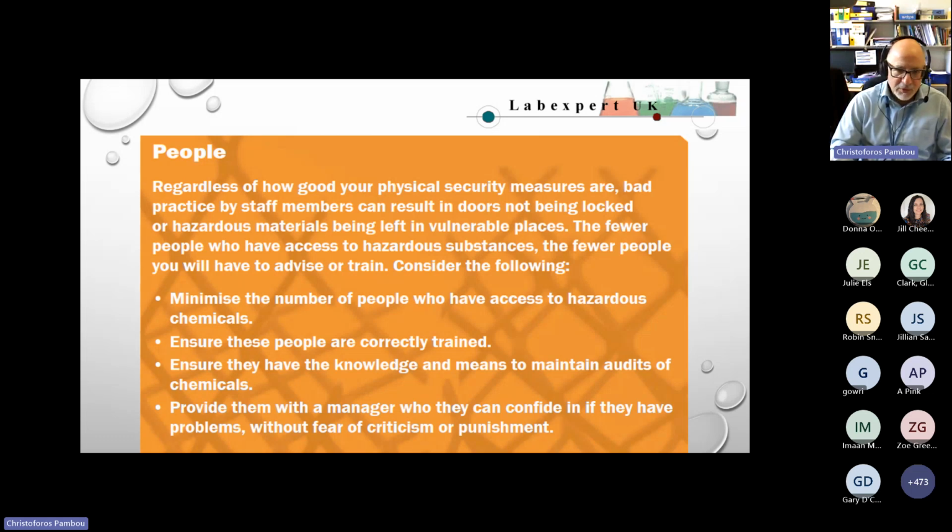Is it because they use your chemical store as their cleaning cupboard as well? And I know that happens. Therefore you can use this as an excuse to have a proper chemical store that only technician staff have access to. And of course, we need to train staff accordingly.